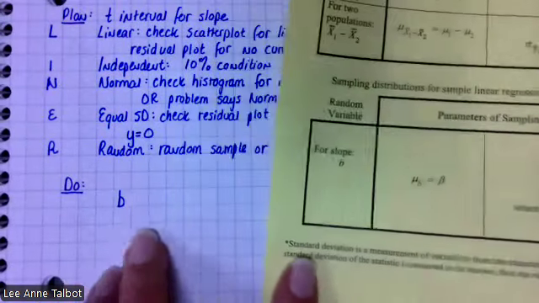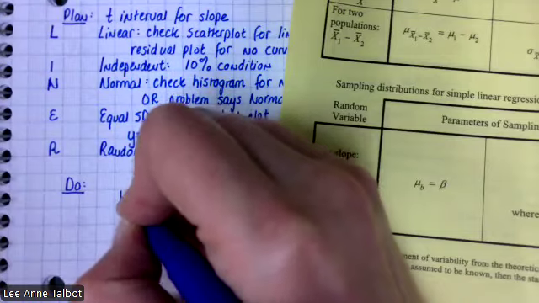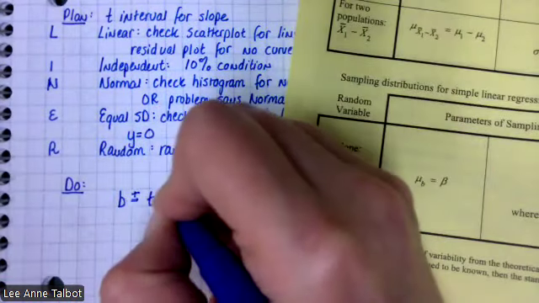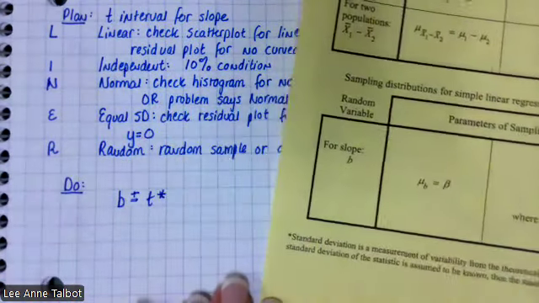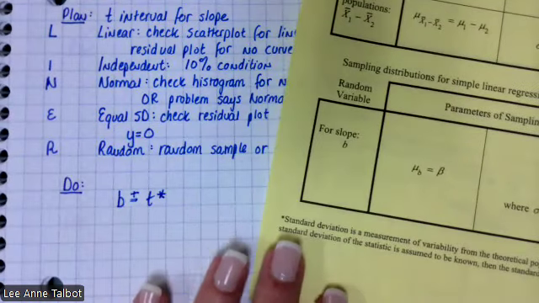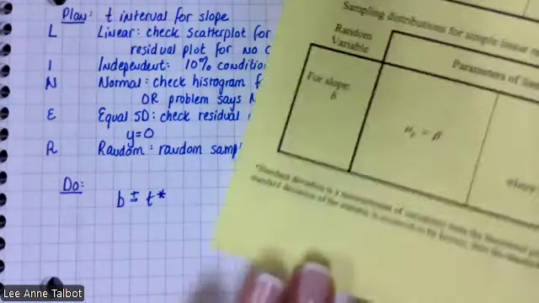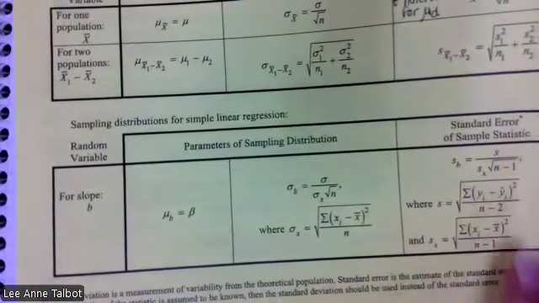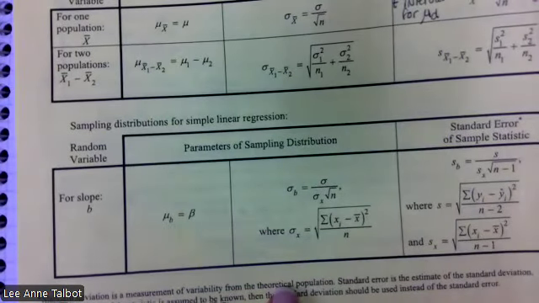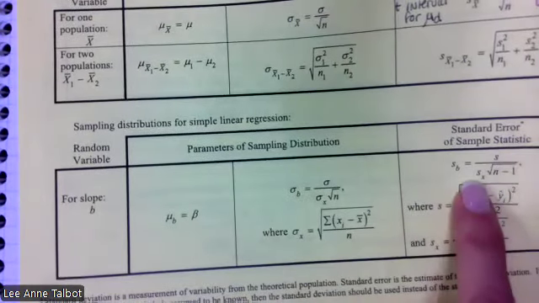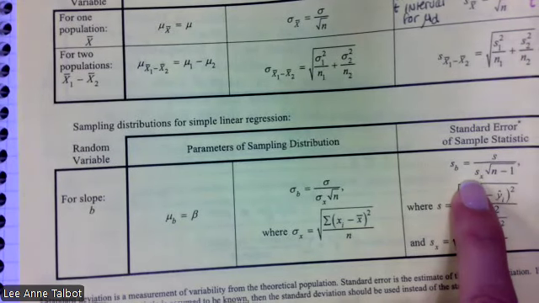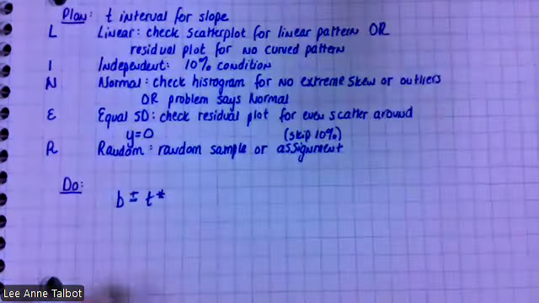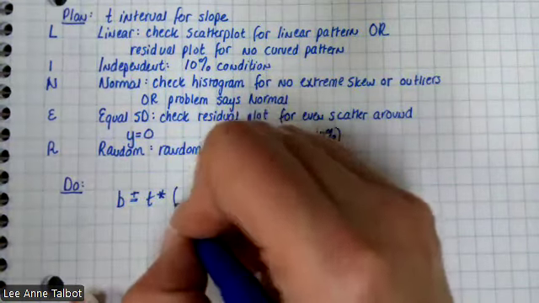Statistic plus or minus critical value is T. For these are all T. There's no Z in any of this. It's all T. And the formula is, which one do I want to use here? This. However, you're never going to do this. So just trust me.